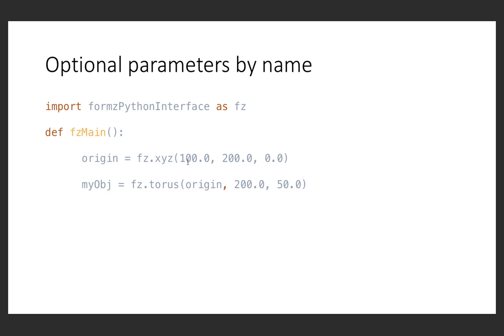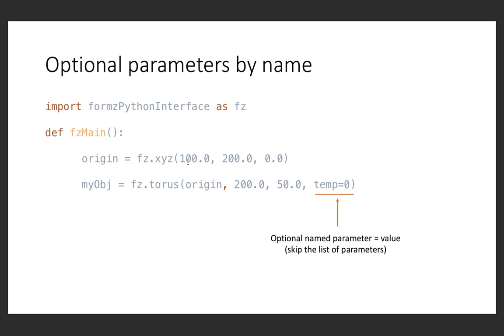Okay, but let's say you wanted to set a specific value for one of those parameters, but you didn't want to have to list all the ones getting down to that point. Okay, in this case you can set optional parameters by name. So by giving the name of the variable and giving it its value, you can assign it there, and you only have to give the ones that you want to set a value to, and there is not a specific order that is required for those parameters.